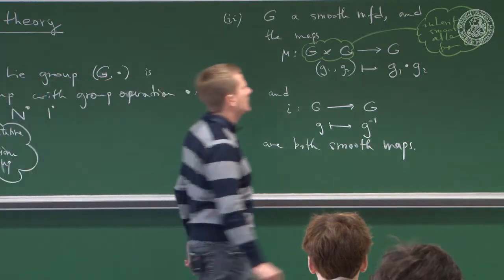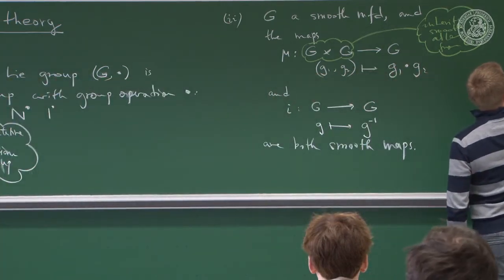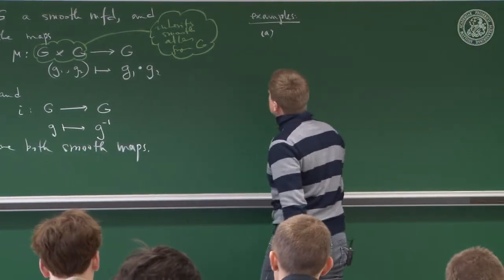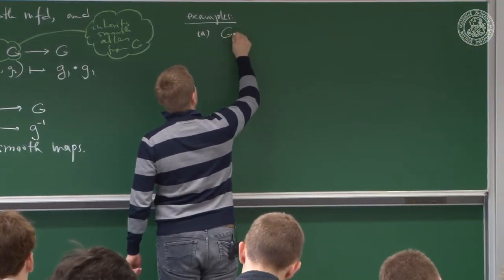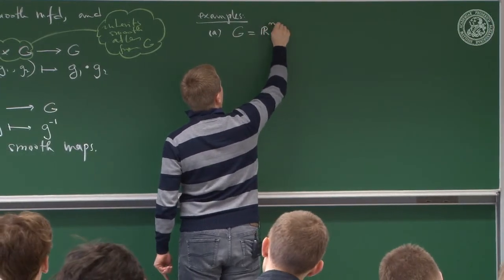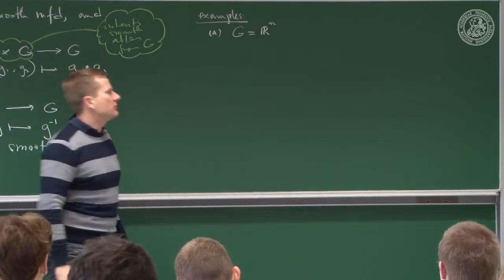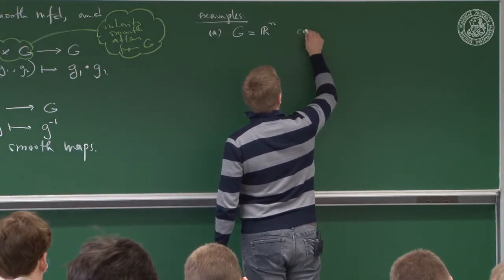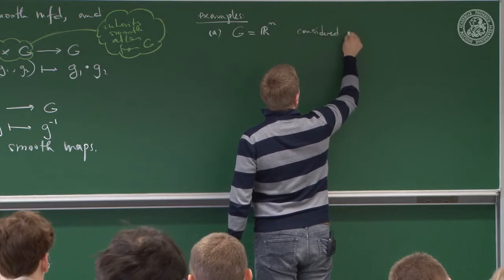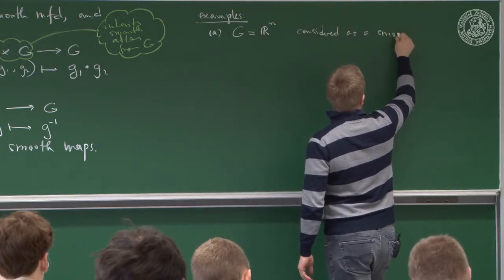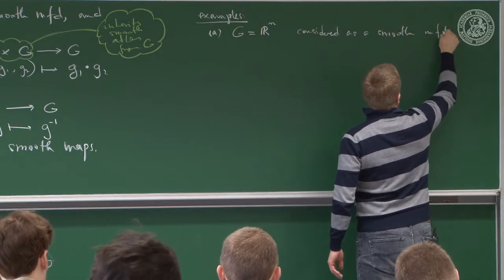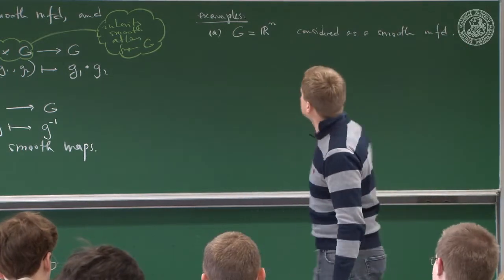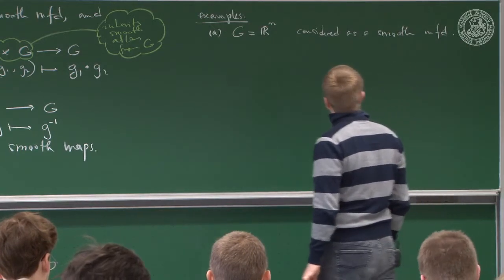Now, examples. Well, a very simple example is as G, you simply take R^n, but because we want to construct a Lie group, we take R^n considered as a smooth manifold. And we know there is a topology understood and there's a smooth atlas understood. We suppress that in the notation.